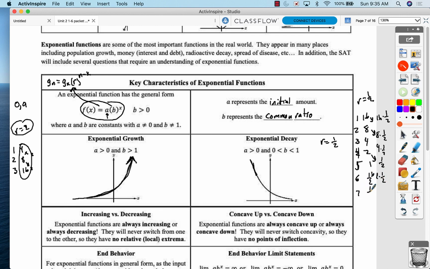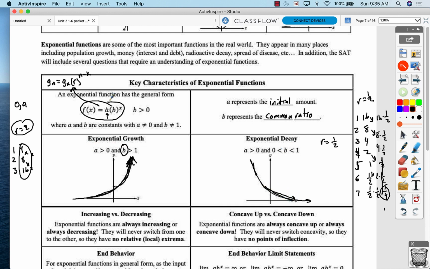Term 7, it's a half times a half, which is a fourth. You see, these terms are getting smaller and smaller, but they'll never actually cross 0. So they're like nudging up to 0. Now, what makes that? This b is like your r. So if b is greater than 1, the thing's going to be growing. If b is less than 1, it's going to be dropping, decaying.